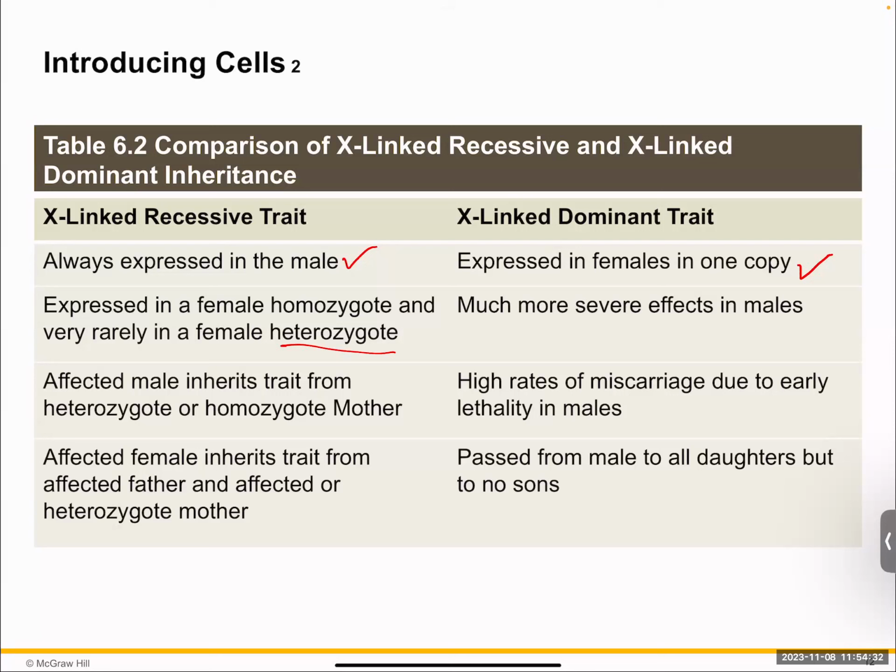Now, affected males inherit traits from the heterozygous or homozygous mother. Again, the mother can contribute the trait either as two X's that are homozygous, or one X is capitalized and the other one is smaller.